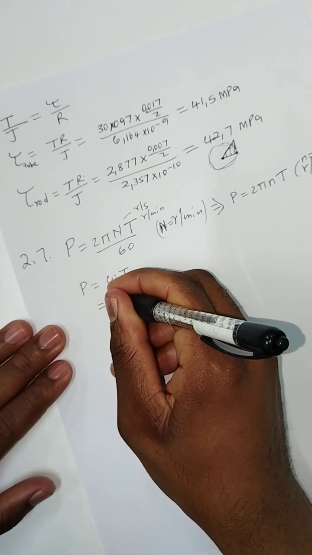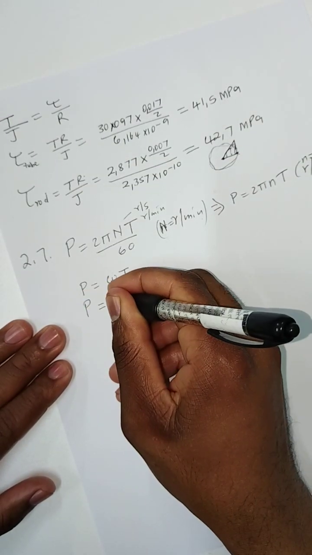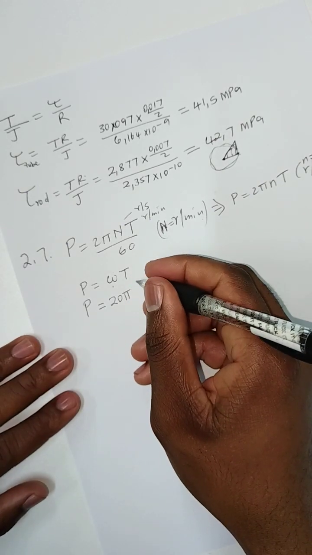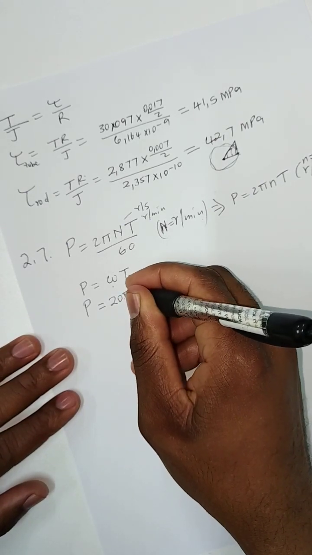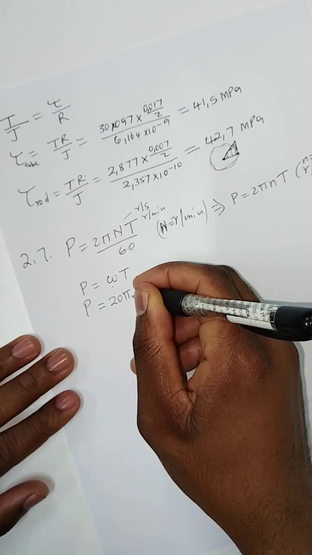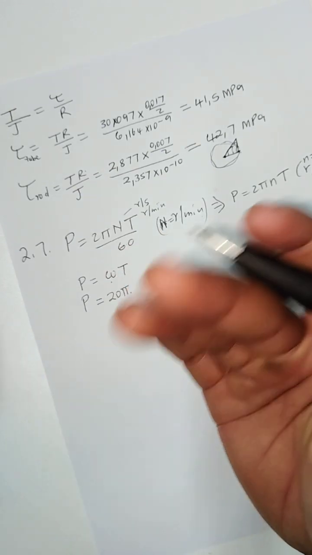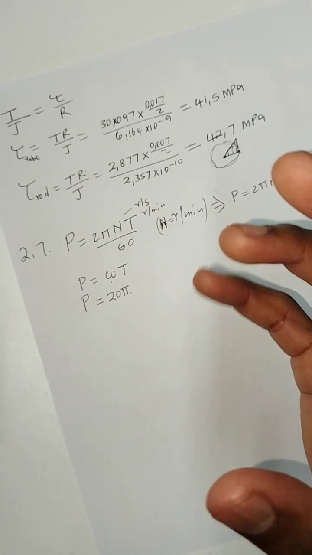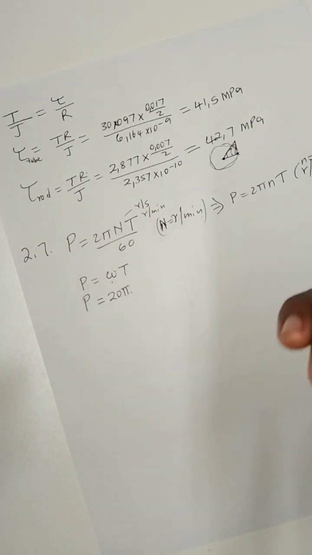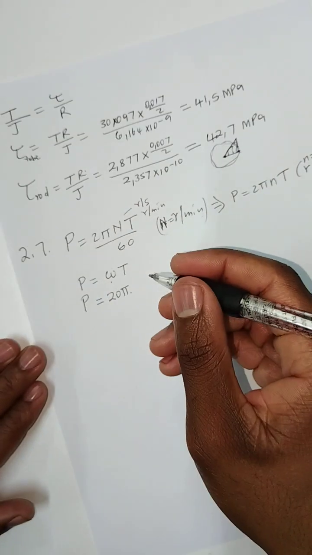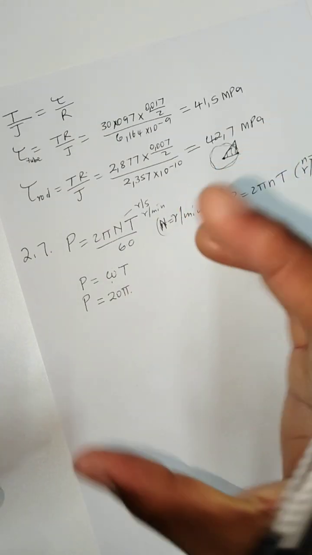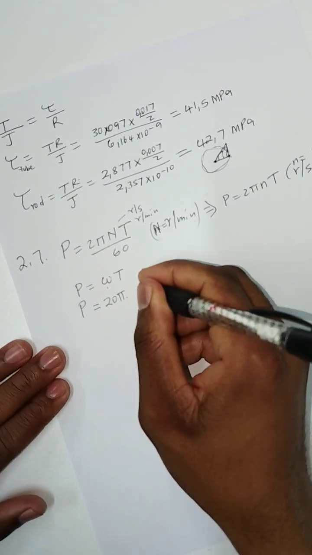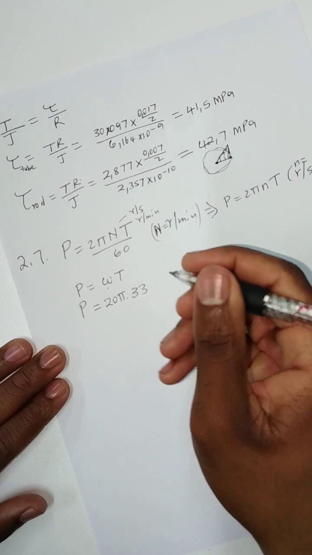Then we just have to say power equals to 20 times pi multiplied by torque. So torque, we use the torque of the shaft, the whole shaft. Those two shafts combined will form one shaft. So those two shafts will have to transmit the torque of 33.